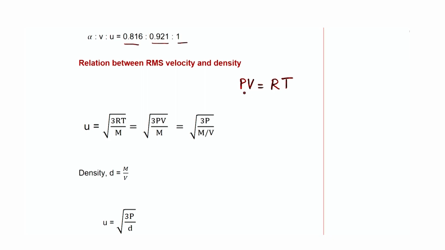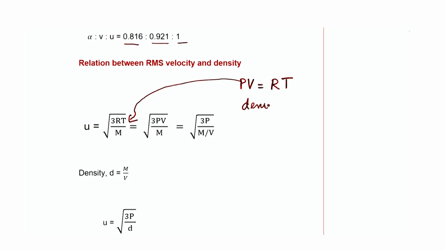Now, I am going to substitute RT as PV here. Now, it becomes the square root of 3PV by m, and we know what density is: mass by volume.